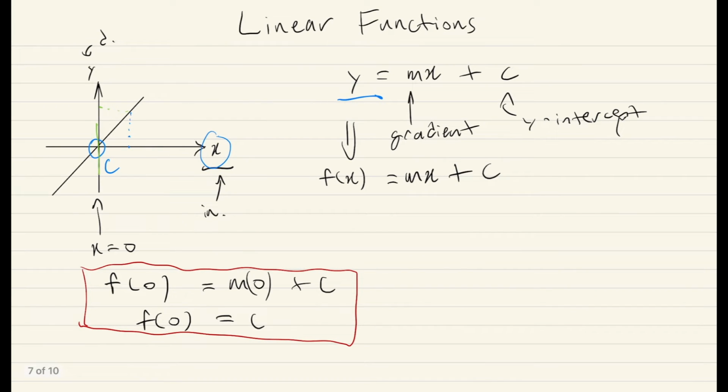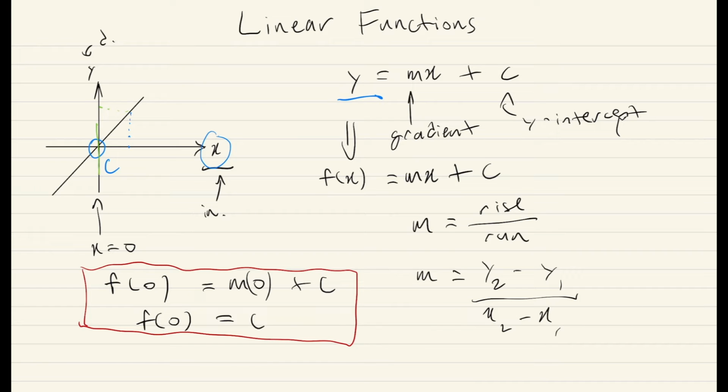Next, how do we find the gradient? The gradient is just rise over run, perhaps something you learned when you were much younger. Or y2 minus y1 over x2 minus x1. So we could take this point here, this point here.